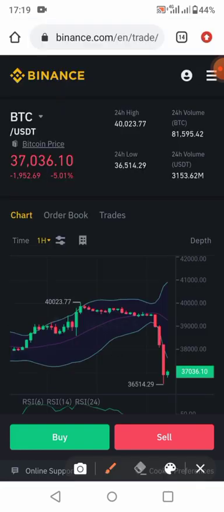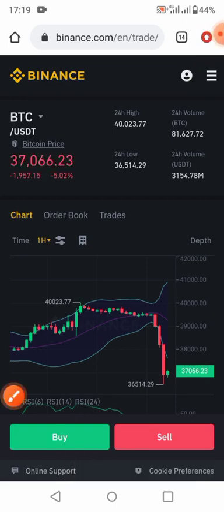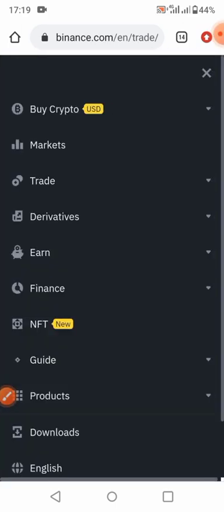In case you do not know how to get to this Binance trading interface, let me quickly show you. If you are on your dashboard, you go to the menu option here, and you tap there, and it will open trade.